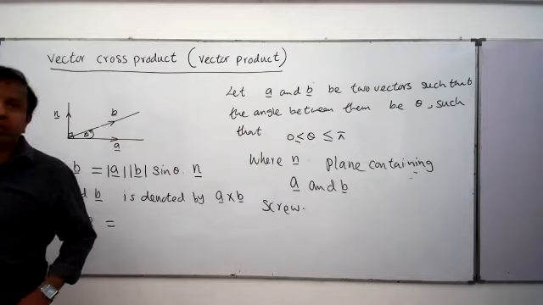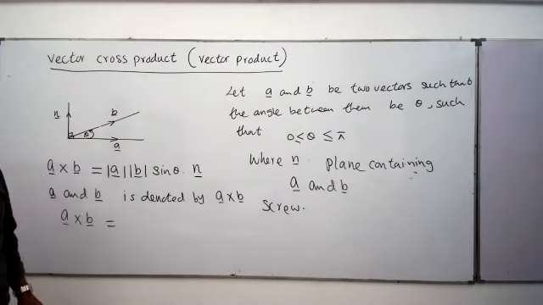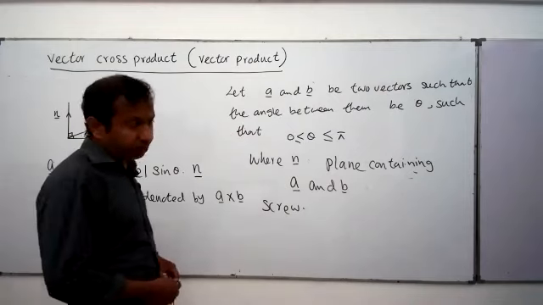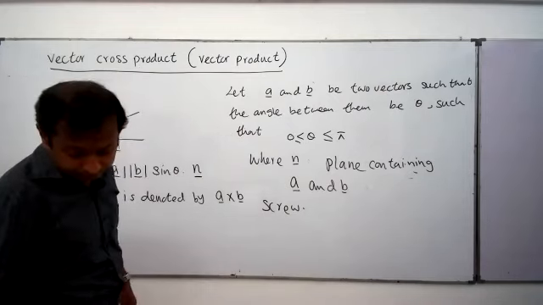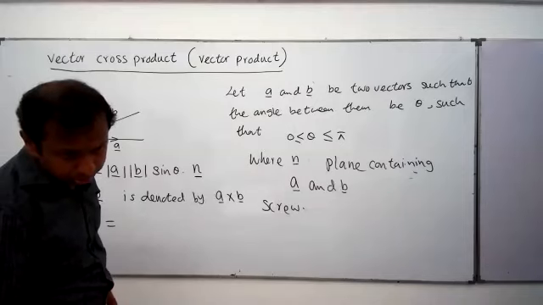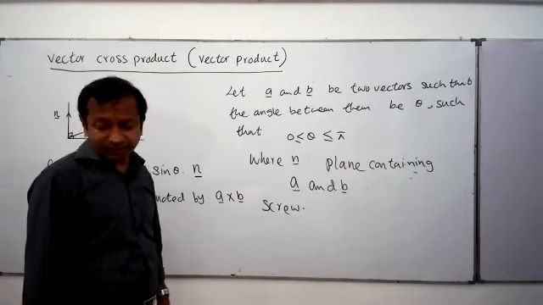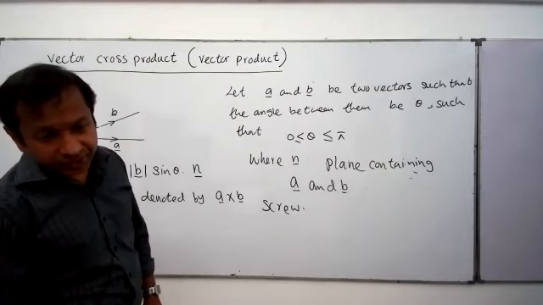Therefore, cross product is known as vector product. Right, people? So this is the end of the theories of this lesson.